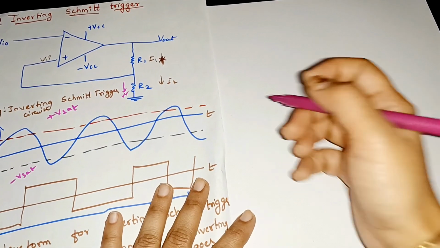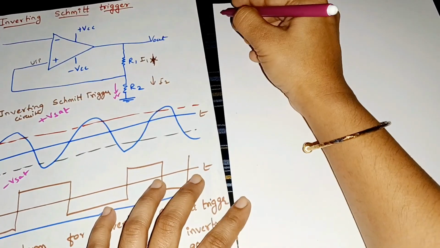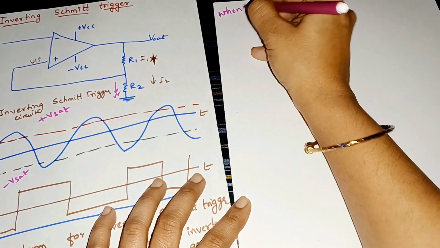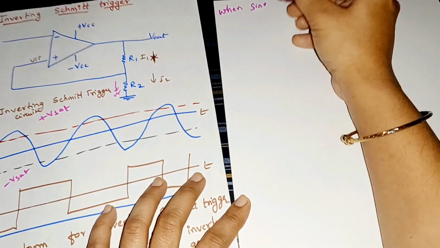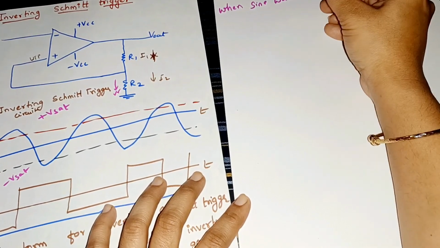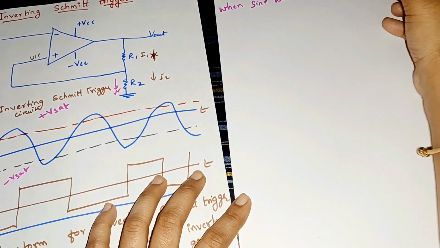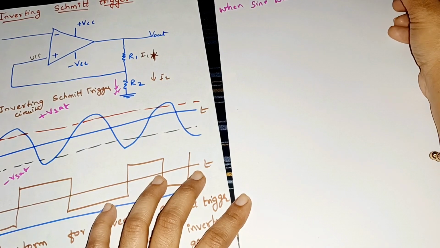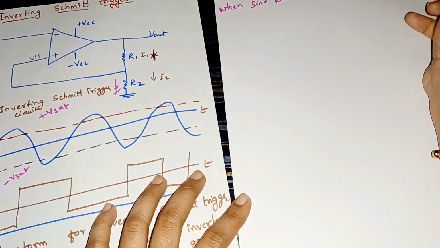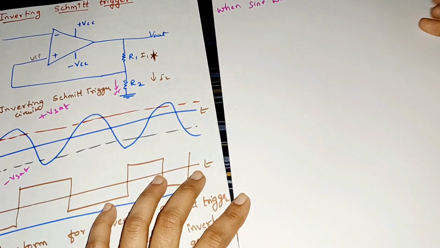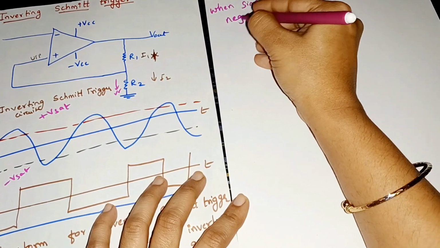So when the sine wave reaches UTP, the output will be negative.